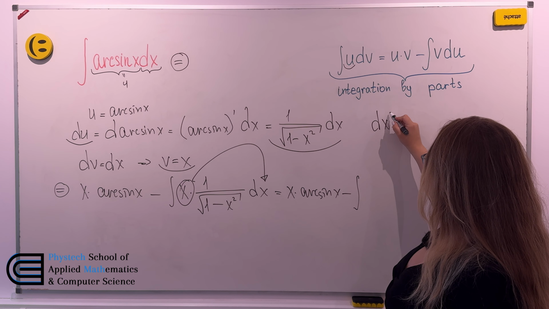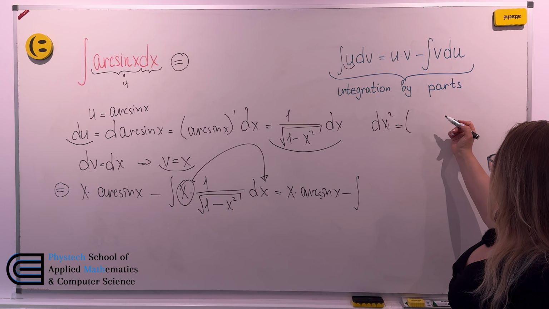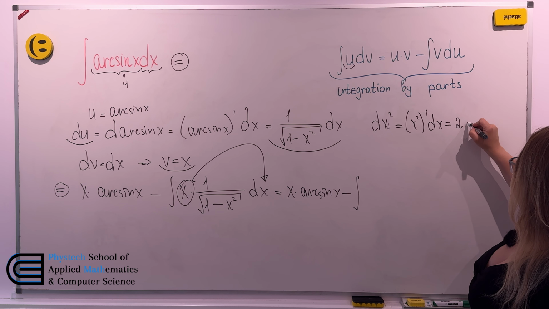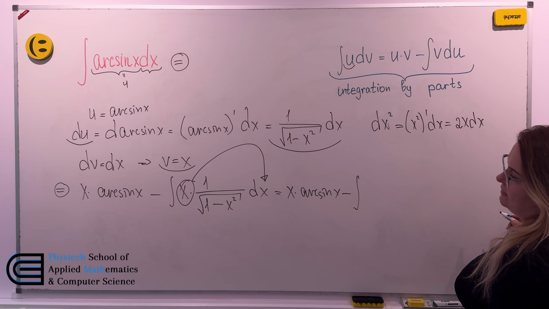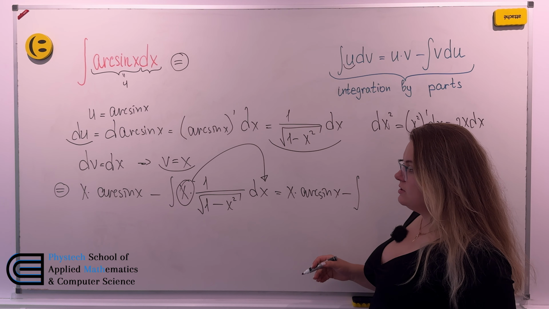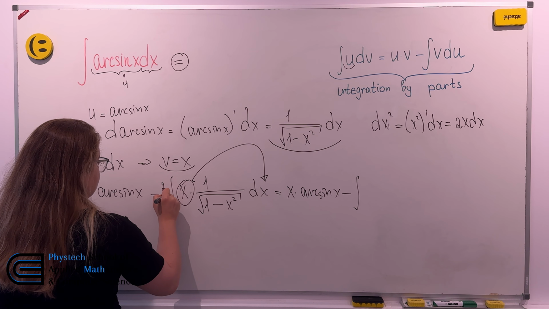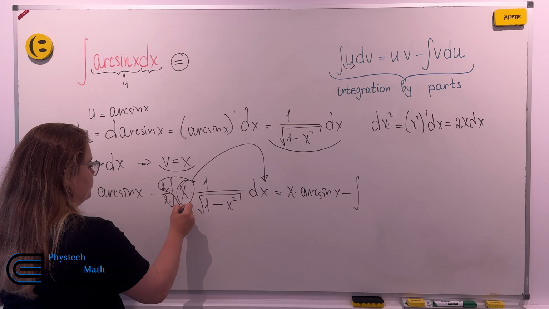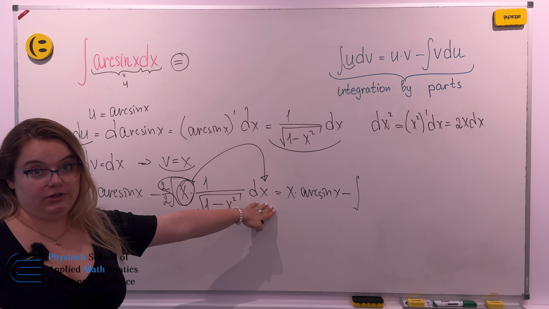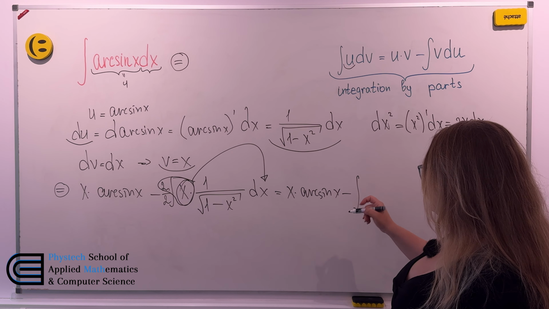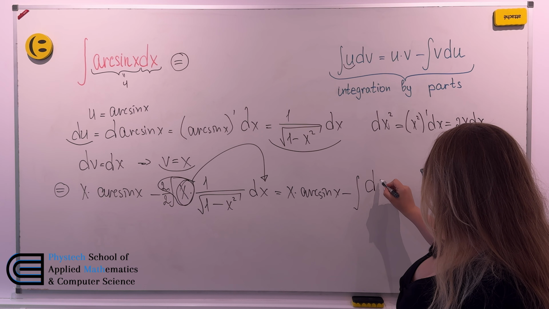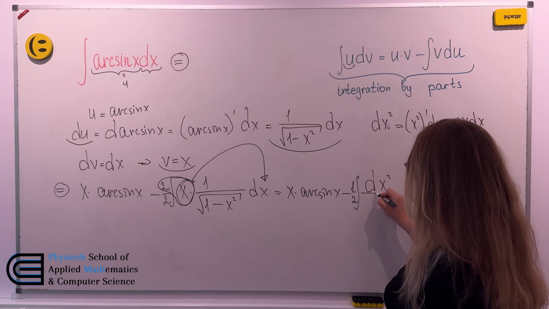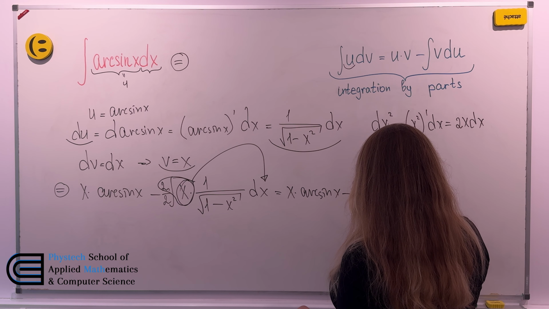Let's check. d of x squared equals the derivative of x squared dx, and it is equal to 2x dx, and here we have only x. So we need to multiply it by 2 and divide by 2. And the 2 multiplied by x we need to put here. So we will obtain minus the integral of dx squared, and here will be 2 in the denominator and square root of 1 minus x squared.